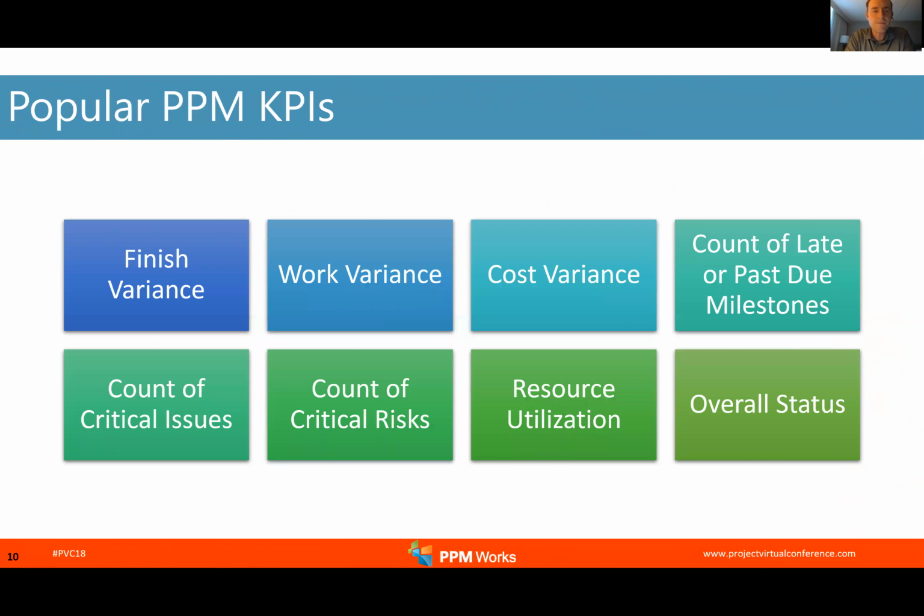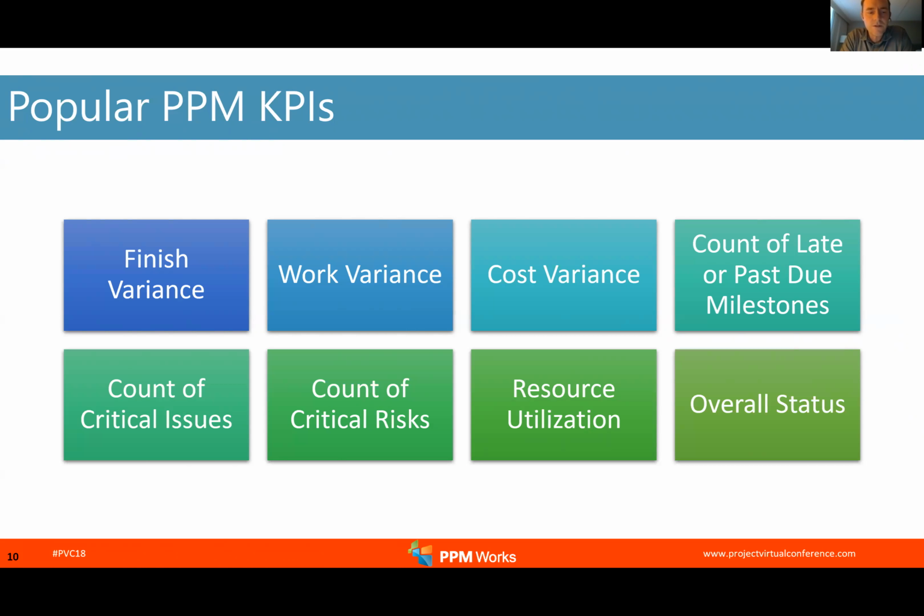Some examples we see in Microsoft Project Online: finish variance, looking at days past the expected finish. Work variance, looking at the total hours spent on tasks or projects. Cost variance, looking at the costs against what was originally planned. Counting late or past due milestones.